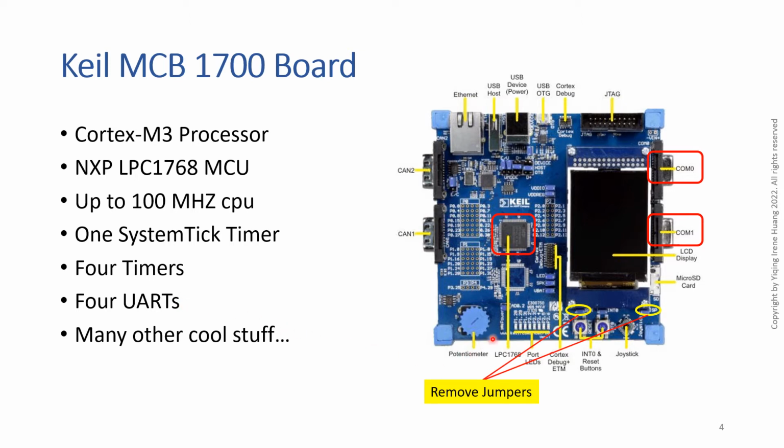And there are many other cool things like potentiometer, LEDs, buttons, a CAN bus, right? They are onboard peripherals. The onboard peripherals we use actually are these 2 COM ports or RS-232 connectors. These connectors connect the microcontroller to 2 UARTs inside this chip.